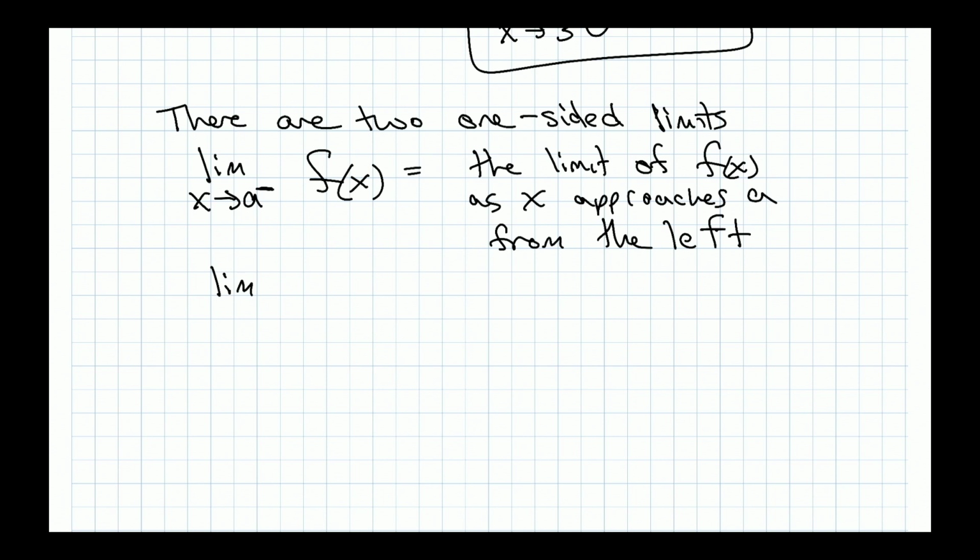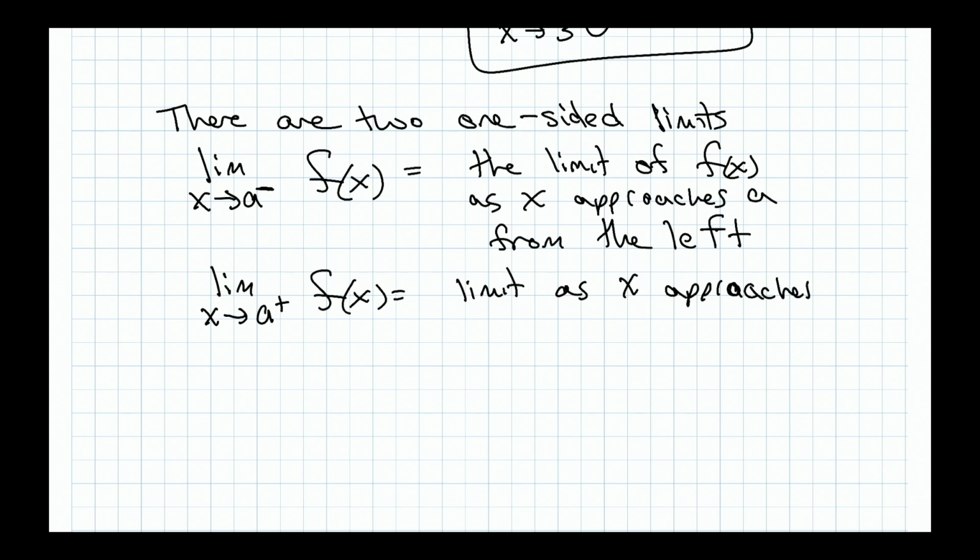You also have the other one, x approaches a from the right of f of x. I'm not going to write all that again. I'm going to say limit as x approaches a from the right. Right? So right and left. Okay, so you use a plus sign for the right and a minus sign for the left.